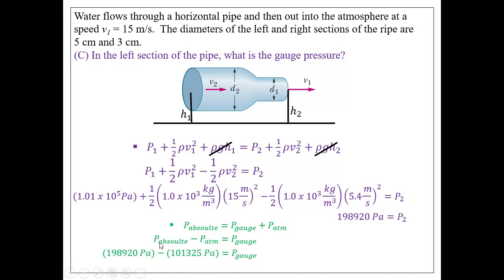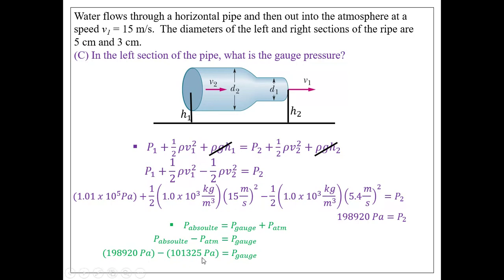I already found the absolute pressure as 198,920 Pascal minus, well, what's the pressure at sea level? The pressure at sea level here is just 101,325. Sometimes this unit is expressed in kilopascal, but here, because my absolute pressure is in Pascal, I want to go ahead and just use the atmospheric pressure in Pascal.